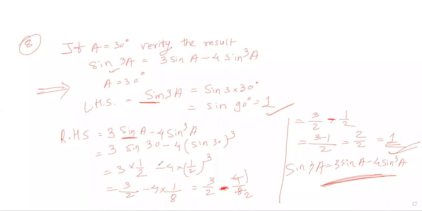Now 3/2 minus 4 multiply by 1 upon 8. 2's cube is 8, 1's cube is 1. So now 3/2 minus 4/8.